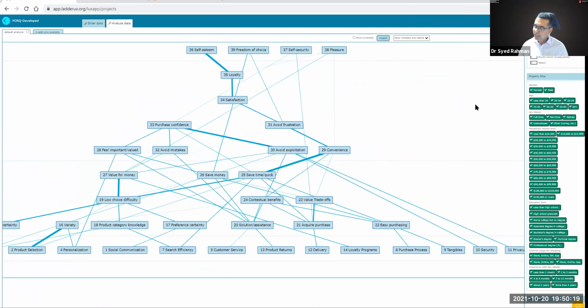For example, at this point the cutoff is 0. That means I want to see all linkages. You may want to see, for example, only linkages which have happened more than one time.